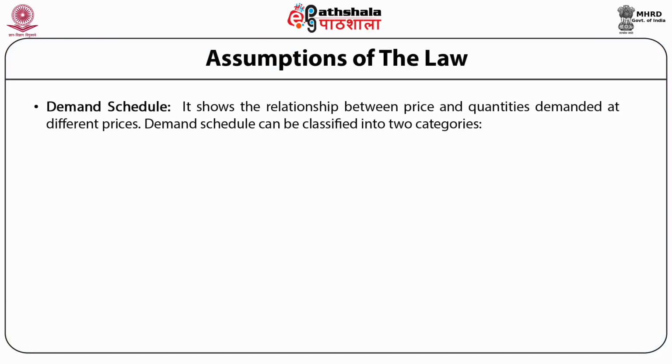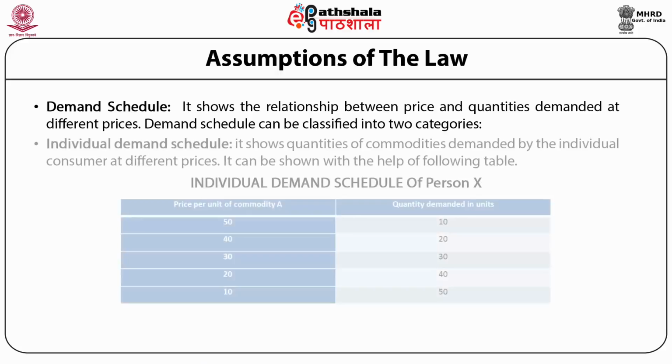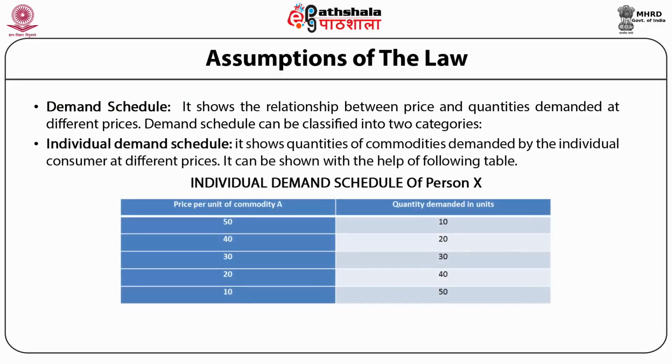So, law of demand can be explained with the help of demand schedule and demand curve. Demand schedule. It shows the relationship between price and quantities demanded at different prices. Demand schedule can be classified into two categories. Individual demand schedule.